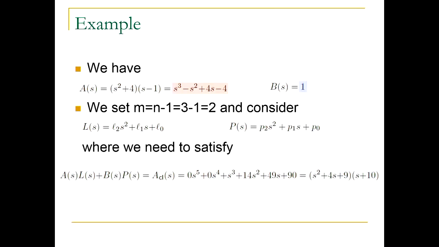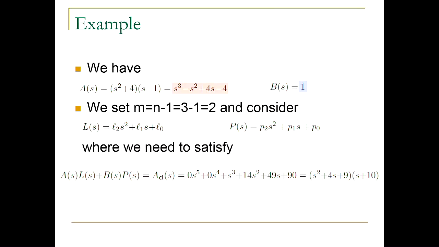So I obtain the augmented plant model polynomial A, and the B polynomial. And I apply pole placement to this, all right? In this case, the plant order is 3, so I need to pick a controller of second order. Hence, L and P polynomials are given here.